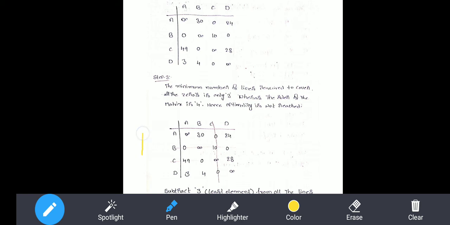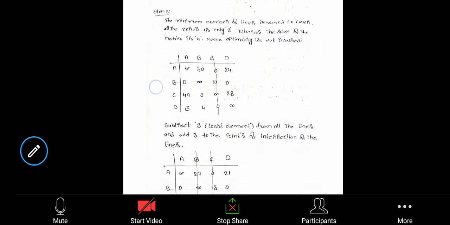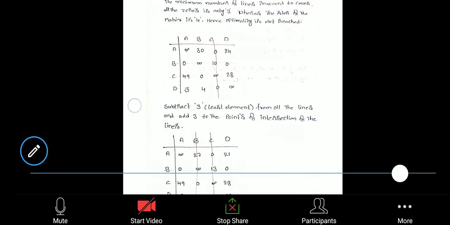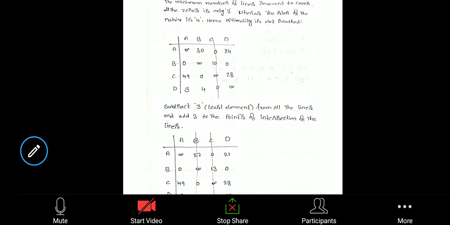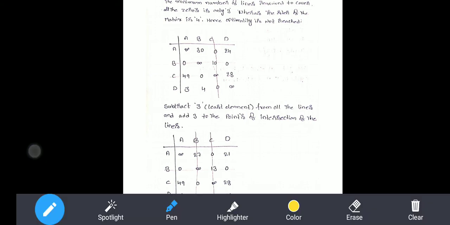So what you need to do if the solution is not optimized means, again you need to revise the matrix. Revise means uncovered elements, uncovered portion. Which are the uncovered elements? Here a line will be there, a vertical line. So here the uncovered elements will be 24, 30, next here infinity, that is 4, 3.